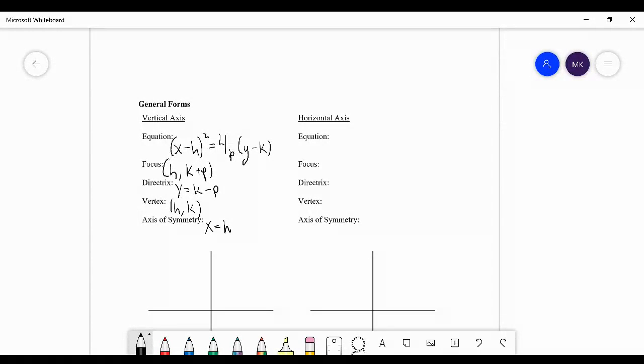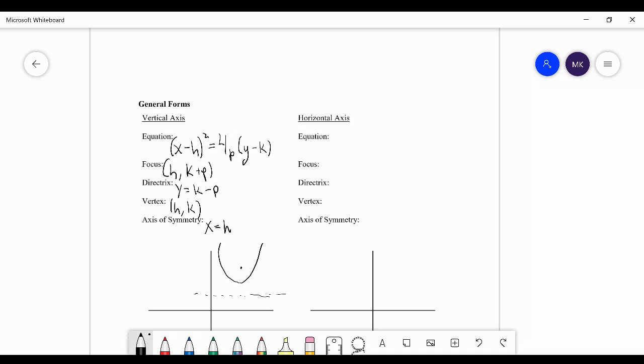What's really nice is the axis of symmetry always goes through the vertex. So if the x value of our vertex is h, then our axis of symmetry is x equals h. And now what that looks like could be something like this.